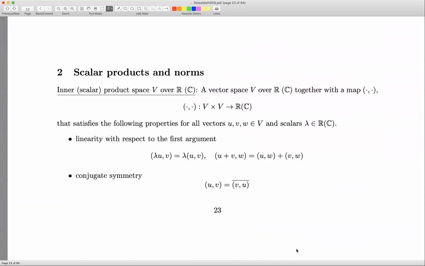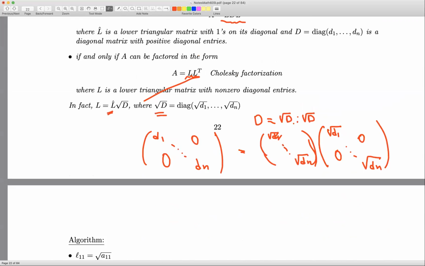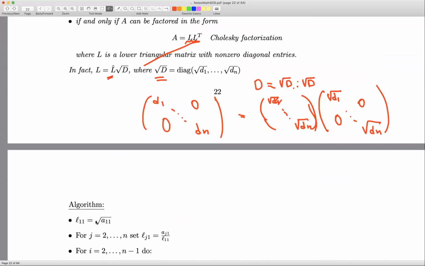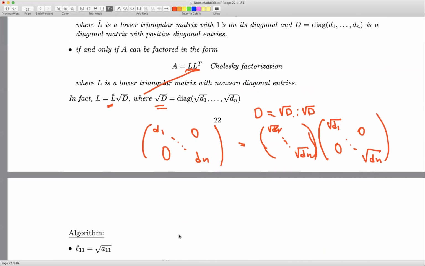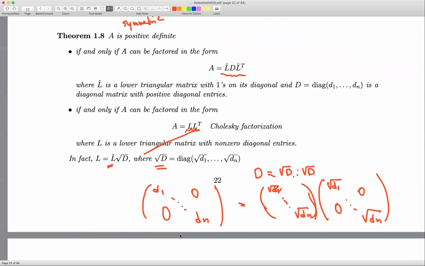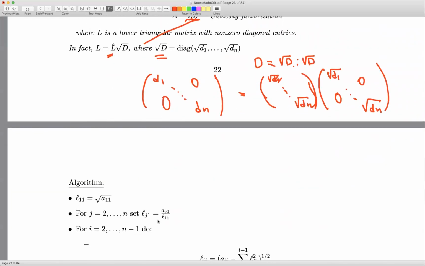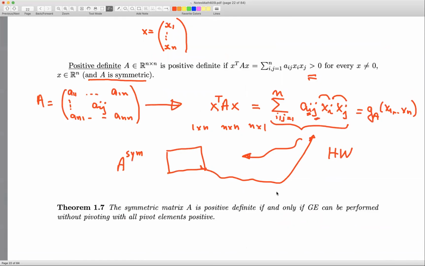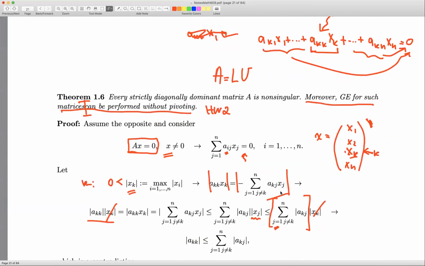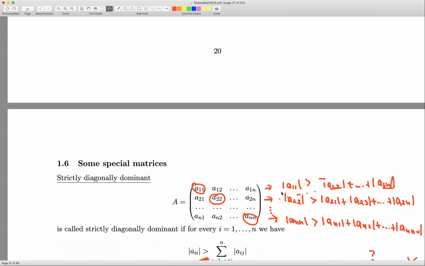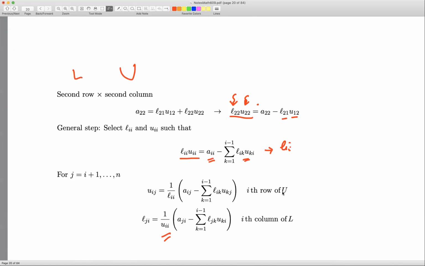So let's see the thing that we got. We have L11 is equal to square root of A11, and then Lj1 is equal to Aj1 or A1j, because the matrix has to be symmetric. It is the same thing, whether it is j1. I think I put here 1j, but it doesn't matter. It's the same number because the matrix is symmetric.